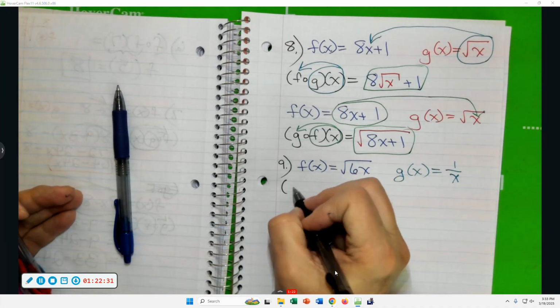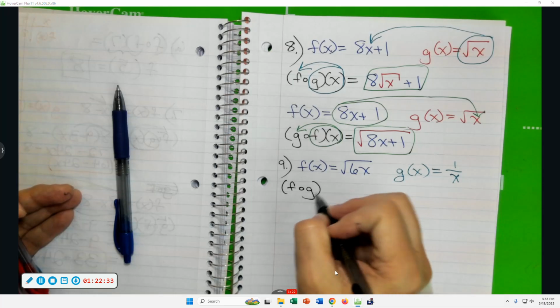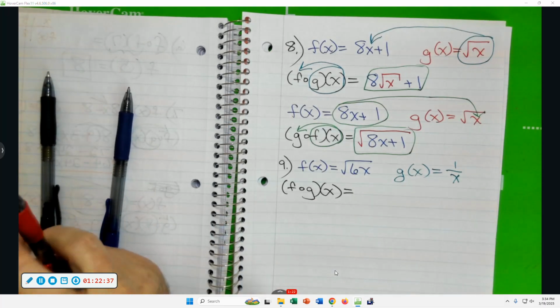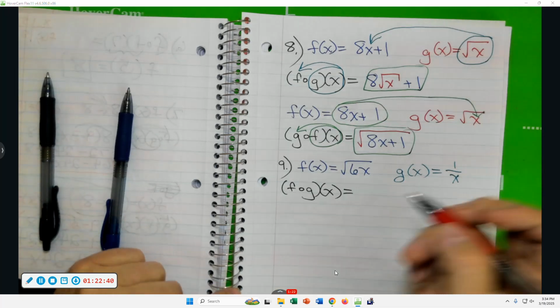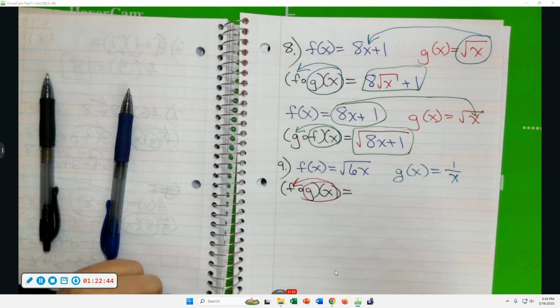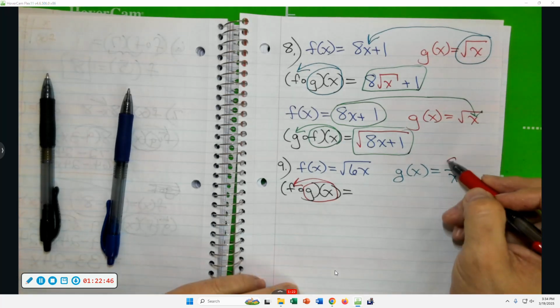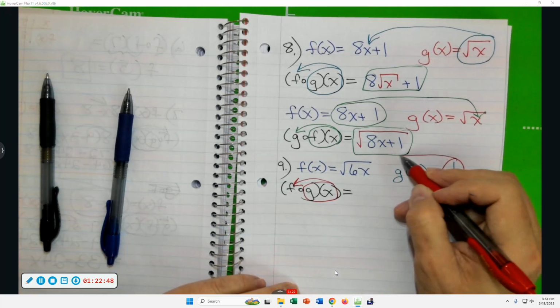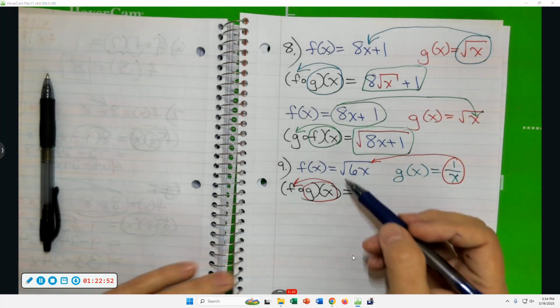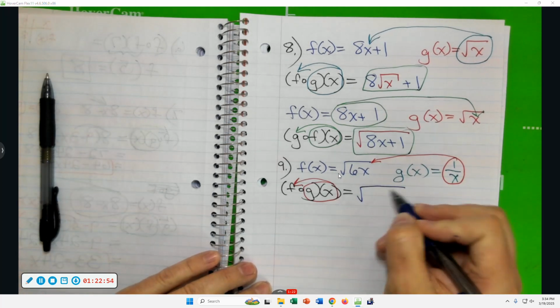Oh, I didn't read the instructions. I know, it's f of g of x and g of f of x. So this is saying take g of x and plug it into f. So we're going to have the square root of 6 times something.